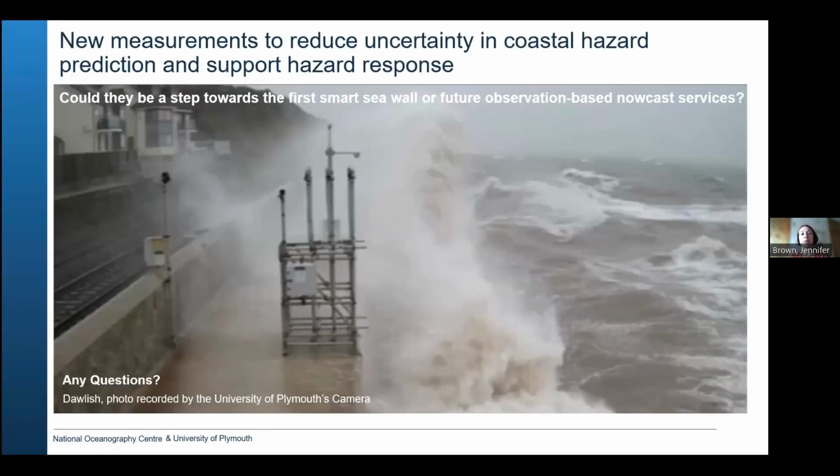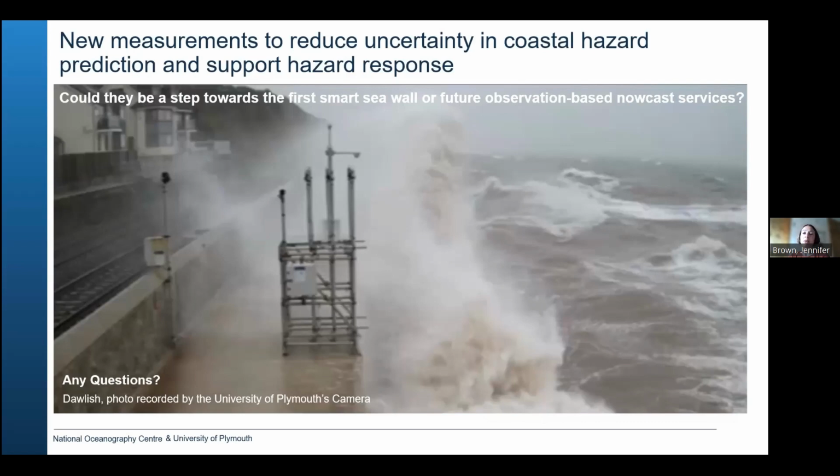So from all of this work, we're hoping that these new prototype sensors, whether it's the system measuring the beach levels, the system measuring the overtopping, they can all start to lead to methods to have the first smart seawall. So we're living in a world where everything is starting to become automated and run through APIs, and information is available online.